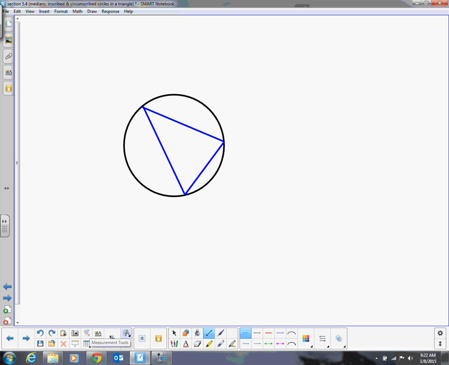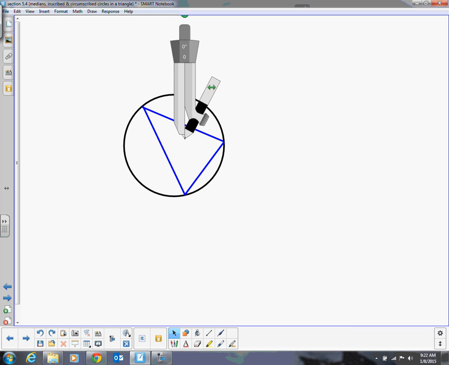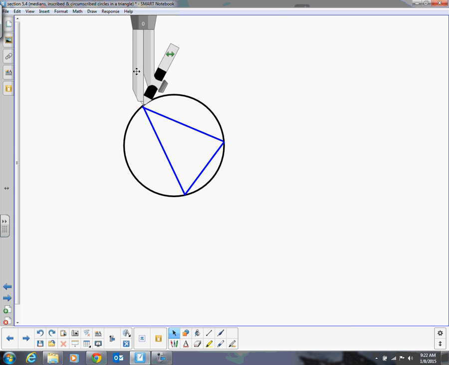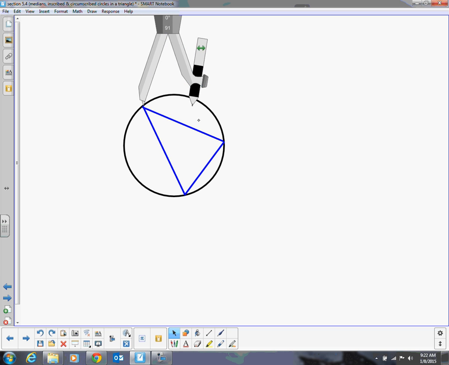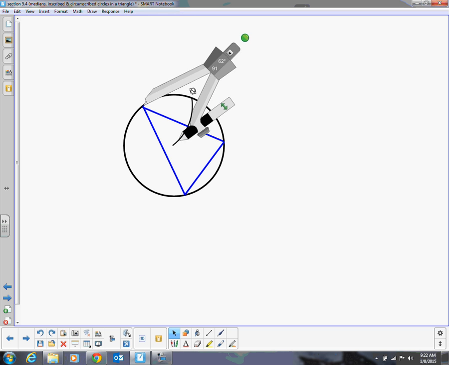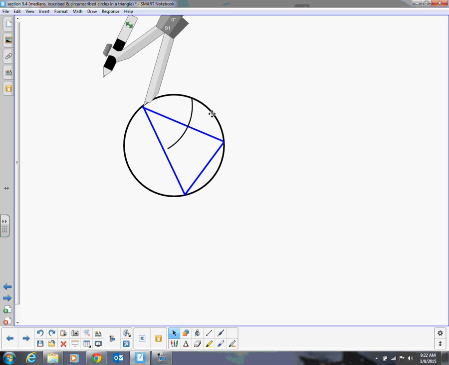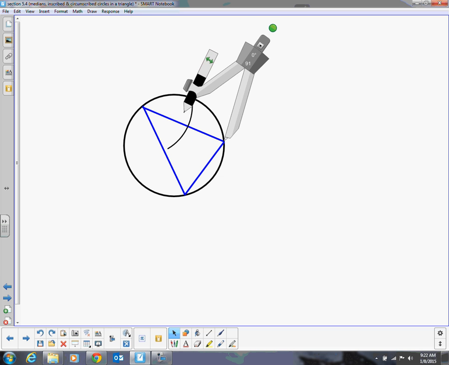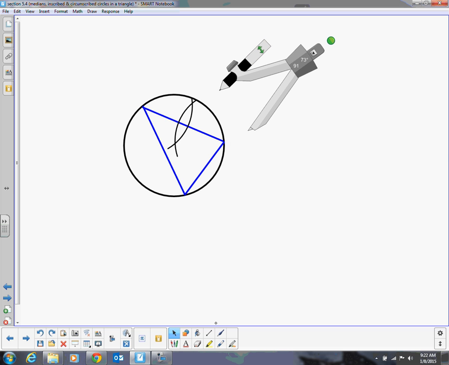So if I do two perpendicular bisectors, if you recall when we circumscribed a circle, we had to bisect two sides, the perpendicular bisector of both sides. And it was that point of intersection that gave us the center of our circle.